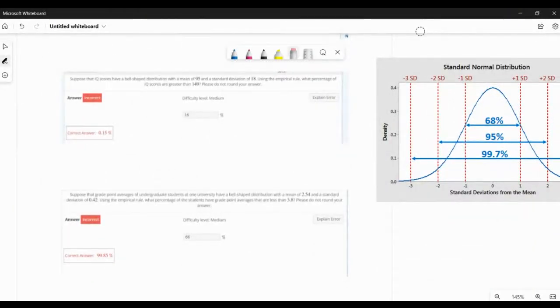Okay, suppose IQ scores have a bell-shaped distribution with a mean of 95 and a standard deviation of 18. Using the empirical rule, what percentage of IQ scores are greater than 149? Okay, so here's my bell curve, 95 in the middle. Standard deviation is 18, so I'm going to just add 18 to 95 until I get to 149.